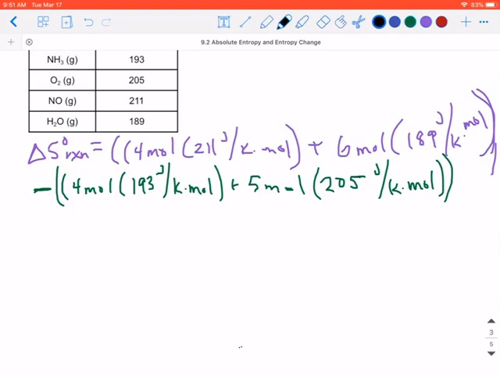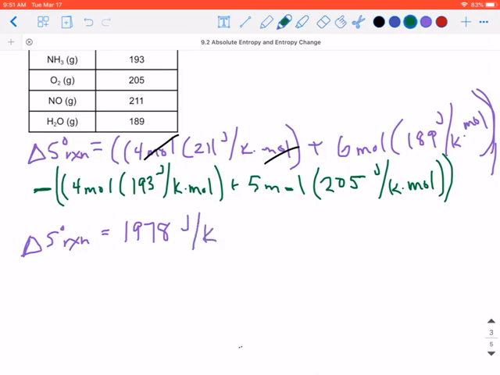So the change in the standard entropy of the reaction equals, if I figure out the sum of my products, I get 1978. And remember, my moles cancel out here, so the units for that number are joules over Kelvin.